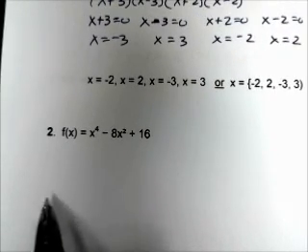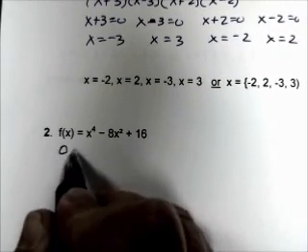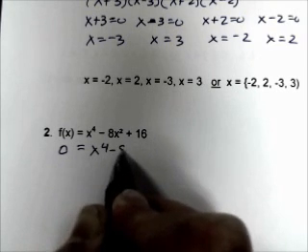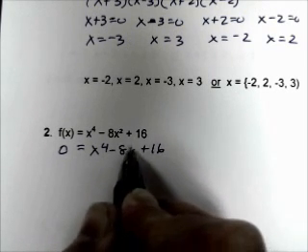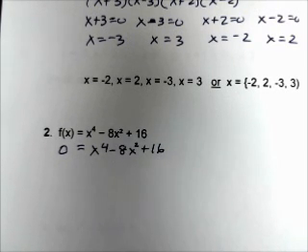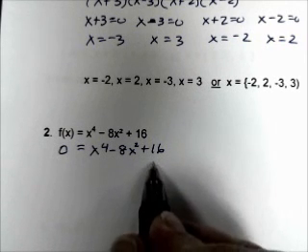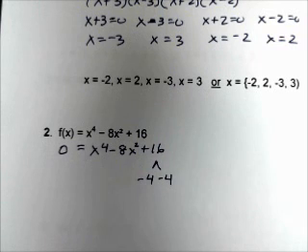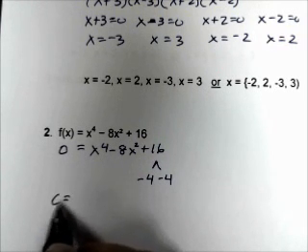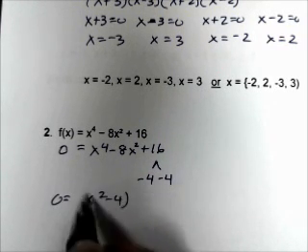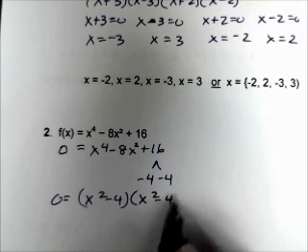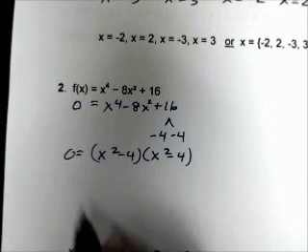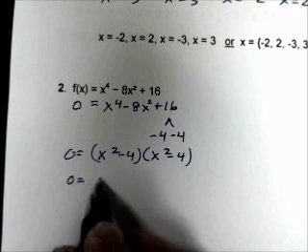Next, replace f of x here in number 2 with 0, and let's go about factoring. The factors of 16 that add to negative 8 are negative 4 and negative 4. So we have x squared minus 4 times x squared minus 4 equals 0. Factor each difference of perfect squares.